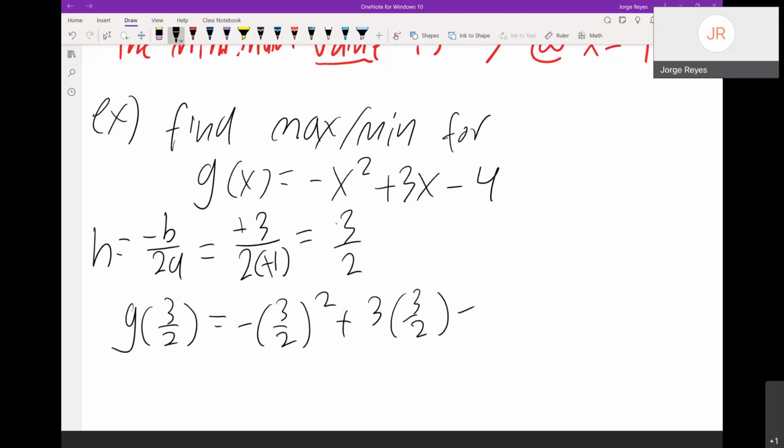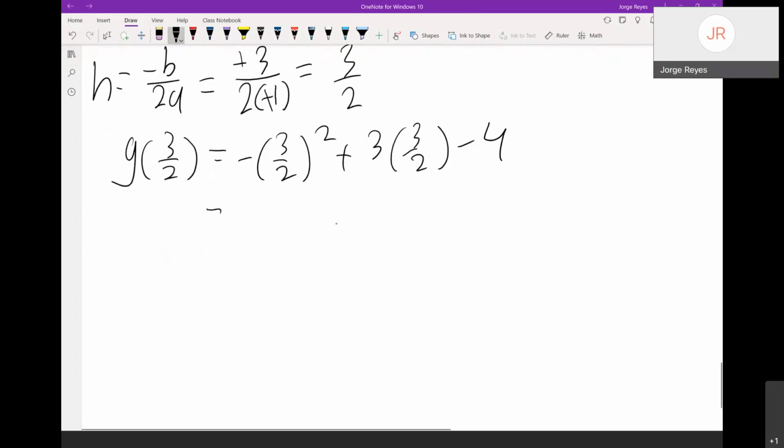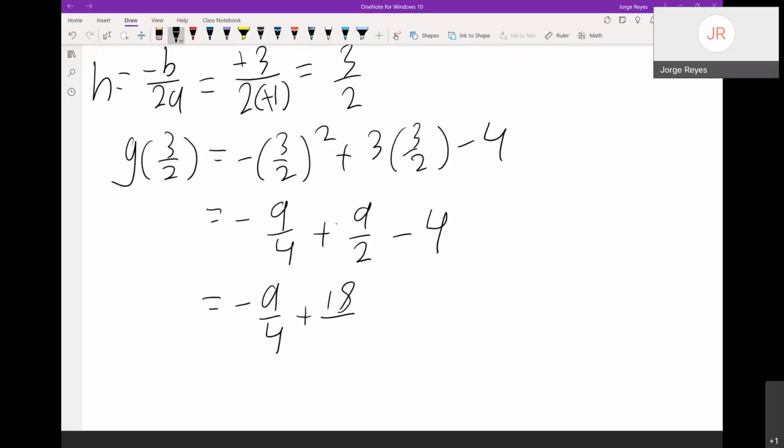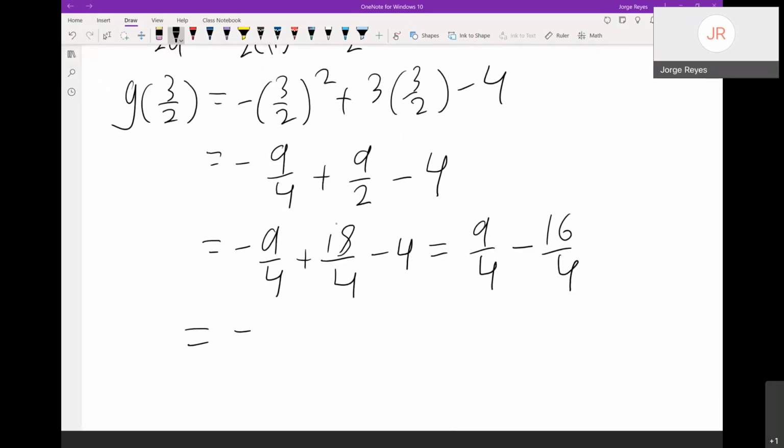Now 3 over 2 squared is 9 over 4, so we have negative 9 over 4 plus 9 over 2 minus 4. Let's do some fraction math here. That's going to be 18 over 4 minus 4, which is 9 over 4 minus 16 over 4, which gives the final answer to be negative 5.